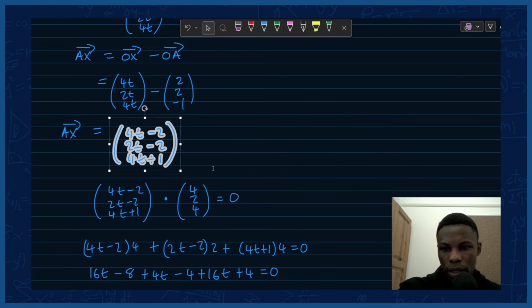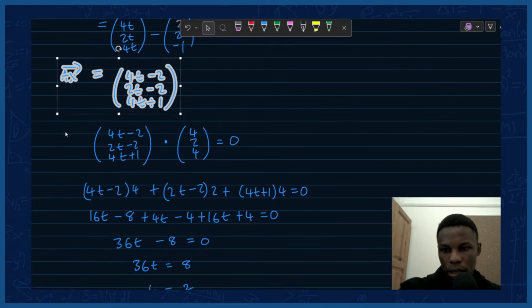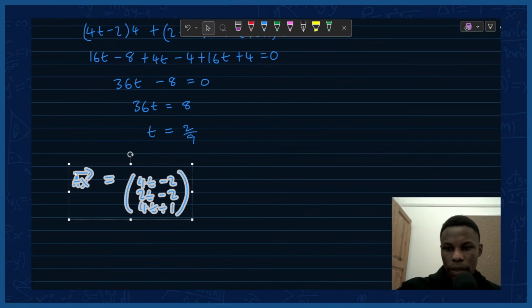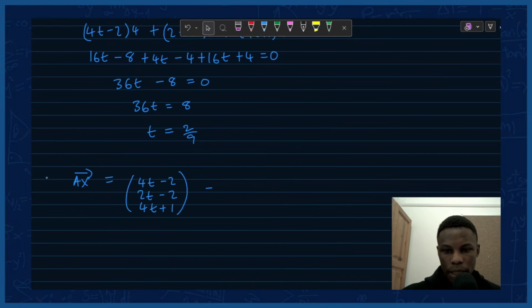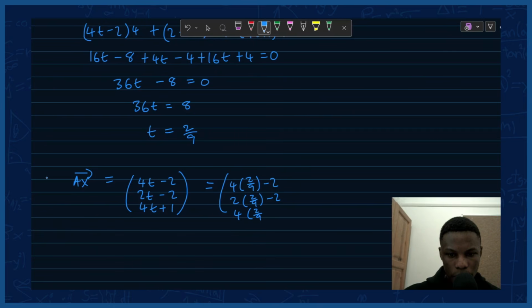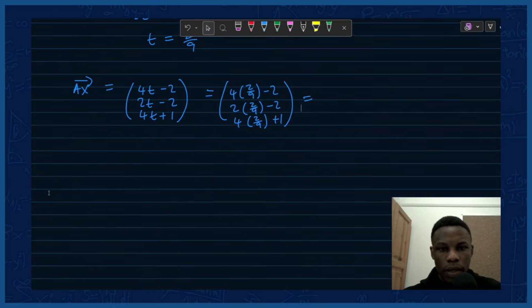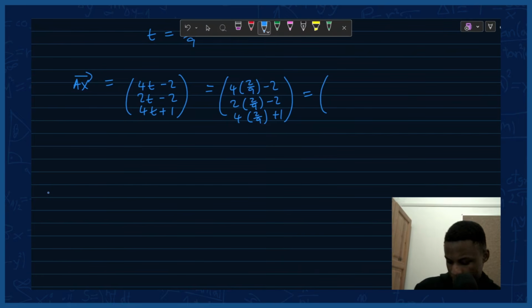Okay. So let's just copy this. And so this becomes 4 times 2 over 9 minus 2, 2 times 2 over 9 minus 2, 4 times 2 over 9 plus 1. And let's punch that into the calculator. 4 times 2 over 9 minus 2, that's minus 10 over 9.